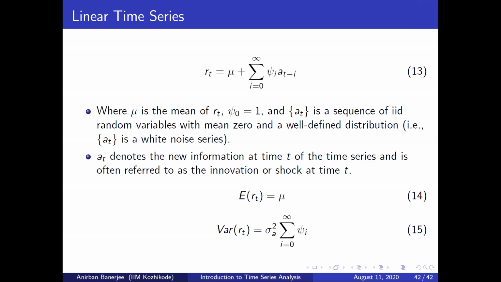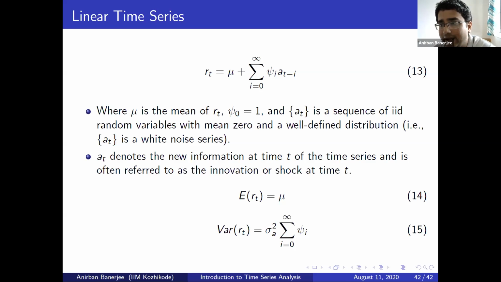Sir, Devayan here. Will it be the summation of psi i squared? Possibly yes, I missed that notation. Yes, it will be the summation of psi i squared. Thank you. So what does psi i denote? That is basically the coefficients. We are trying to build up a model where these are the coefficients.